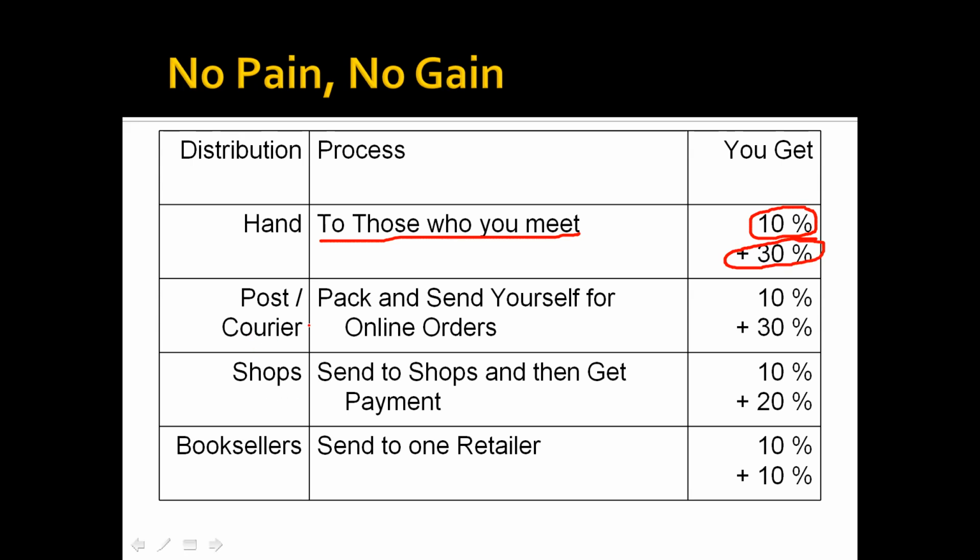If you are sending by post or courier, you have to pack and send it yourself. You will get this 10% author royalty and this 30%. If you are sending to shops, then you will get 10% royalty and 20%. If you are sending to booksellers, you will get 10% royalty and only 10%.